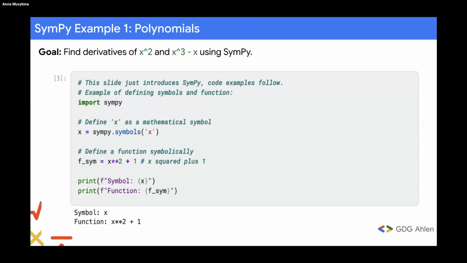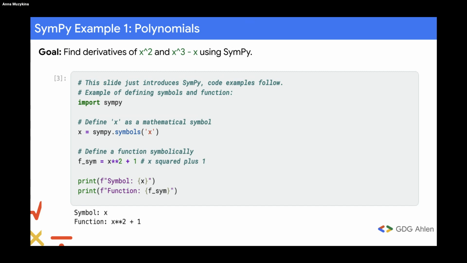Let's use sympy to differentiate some simple polynomials. So let's explore this code. We first define x as a symbol using sympy.symbols('x'). Then we define our first function, f1 equals x squared.